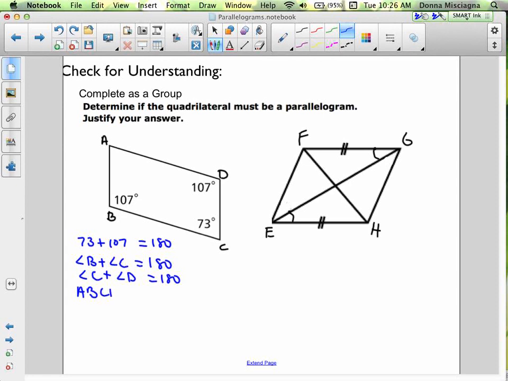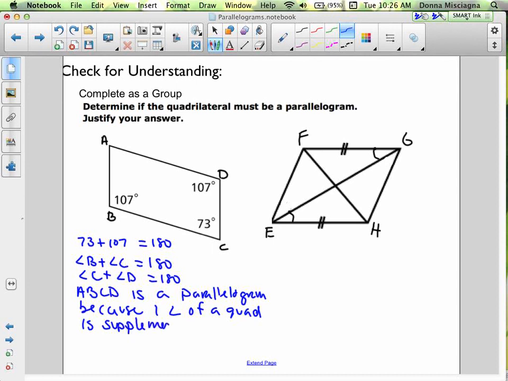So this one I'm going to do as a little paragraph proof with a little work above. ABCD is a parallelogram because one angle of a quad is supplementary to both consecutive angles.